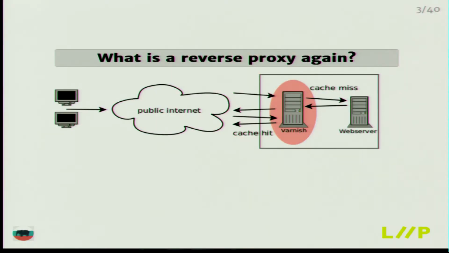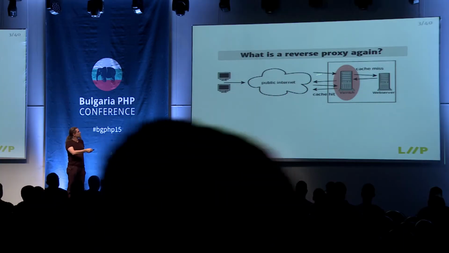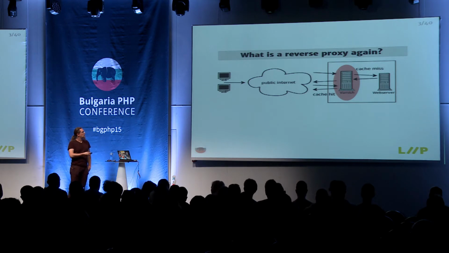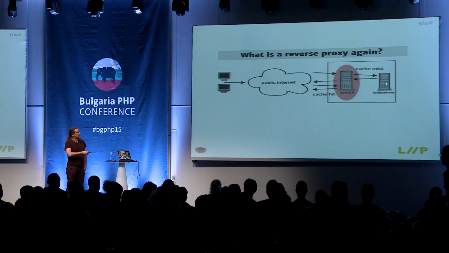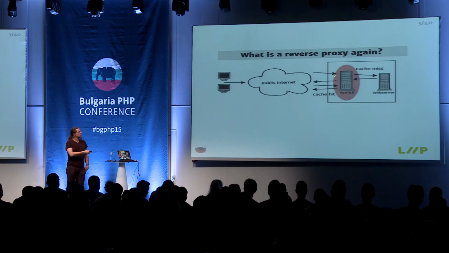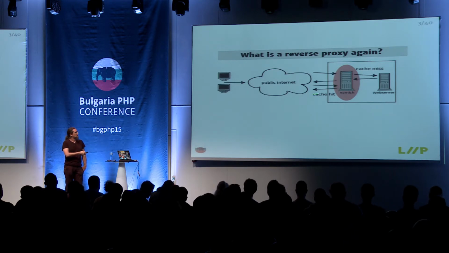So where does that caching happen that I'm going to talk about? We have the internet, clients coming in, sending requests, and this square would be your domain, your hosting system. And instead of just having a web server with the application, you have a proxy in front of it, which looks at every request that's coming in, and it decides, can I find the answer to that request in the cache? If it does, it just replies with the answer.